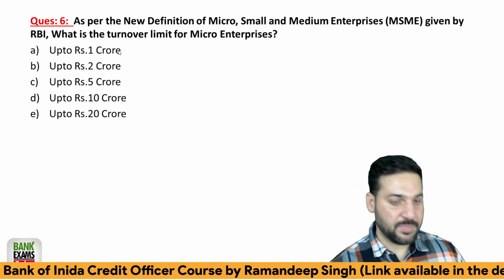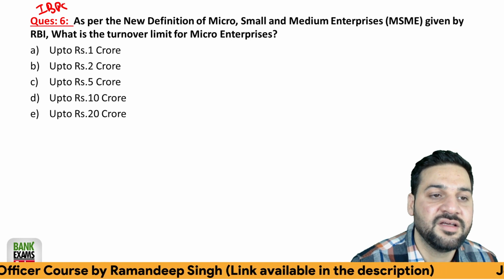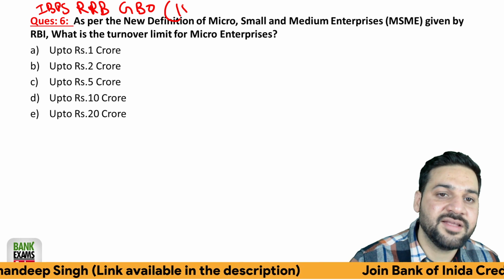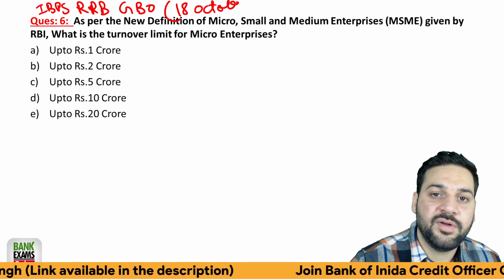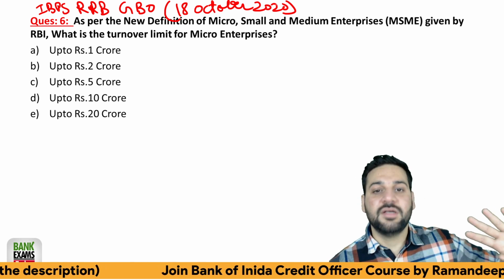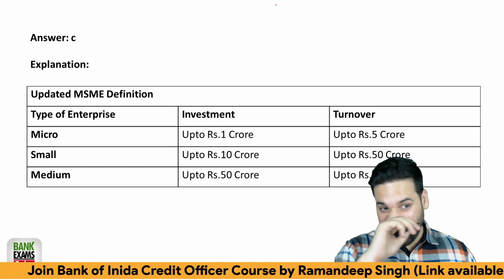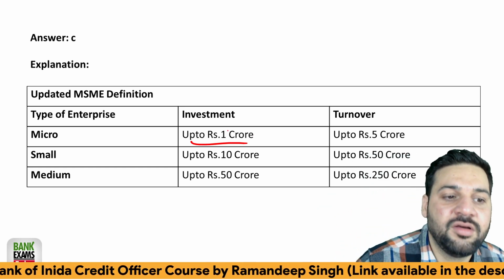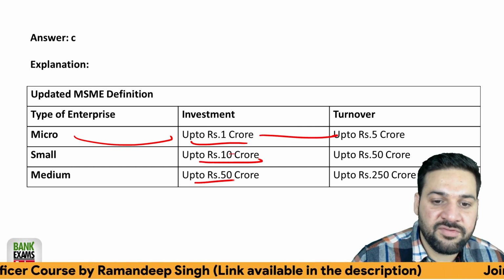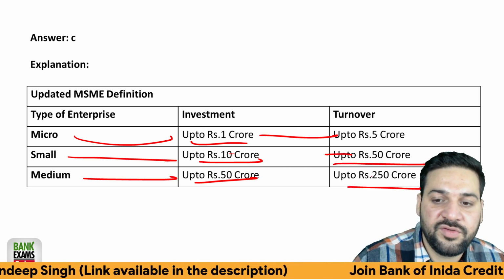ये याद रखना है. As per new definition of MSME, it was asked in the IBPS RRB GBO exam held on I guess 18th of October 2020. ये पेपर में आया है क्वेश्चन, directly asked in the exam. Exactly ये नहीं आया है but इसमें से आया है, right? Latest definition: if the investment is up to 1 crore that is micro, turnover 5 crore; 10 crore investment, 50 crore investment small, medium; 50 crore turnover small and 250 crore turnover medium.